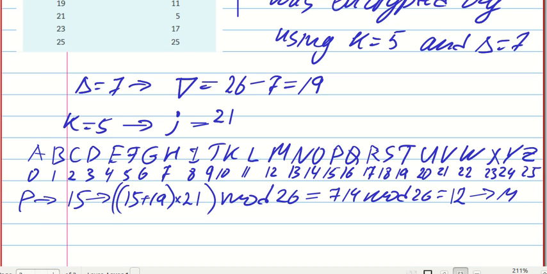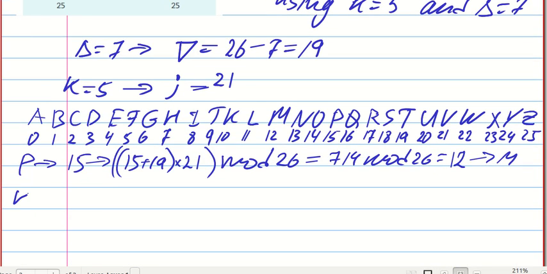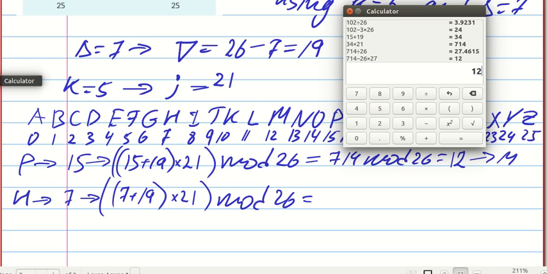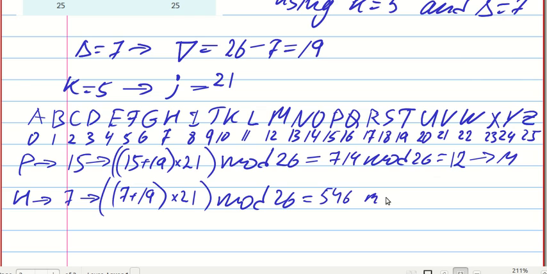So the next letter that we need to undo is H. So H is 7, which means 7 plus 19 times 21 mod 26. So we need to calculate this quantity, which is 7 plus 19 times 21, 546. 546 mod 26.